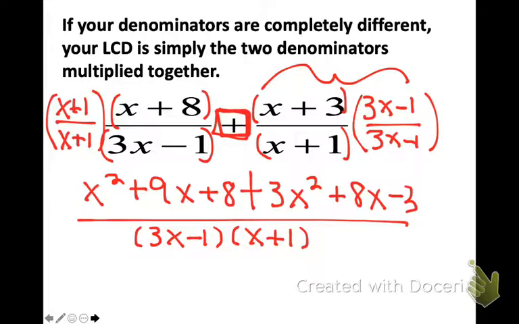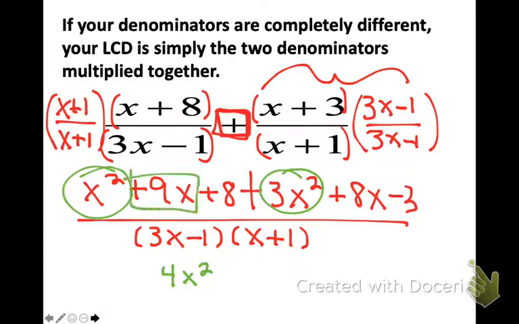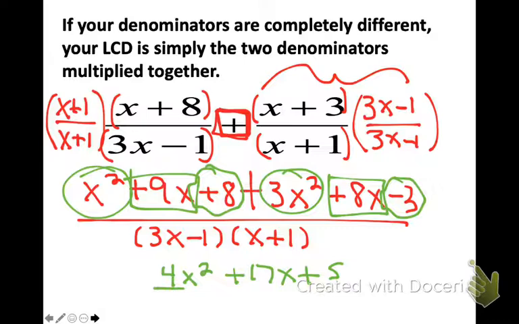Then we're going to combine our like terms. So we end up with 4x squared, and then we have a positive 9x and an 8x, so 17x, and then we have an 8 and a negative 3, so plus 5, all over 3x minus 1, x plus 1.